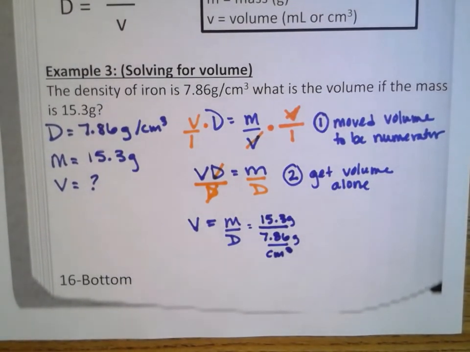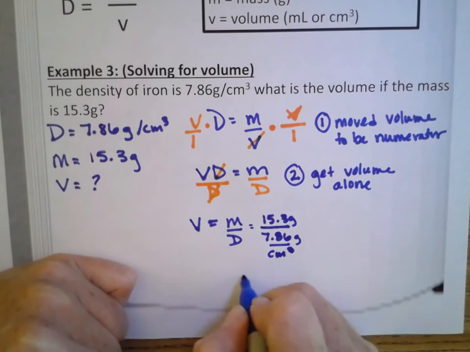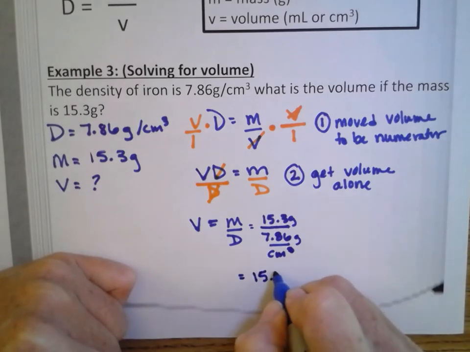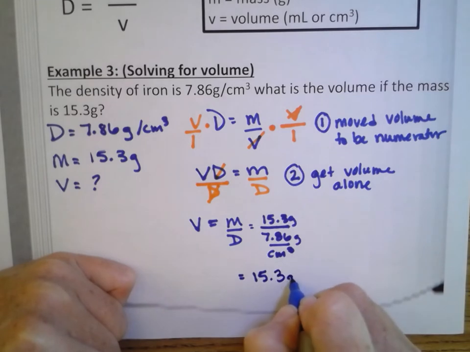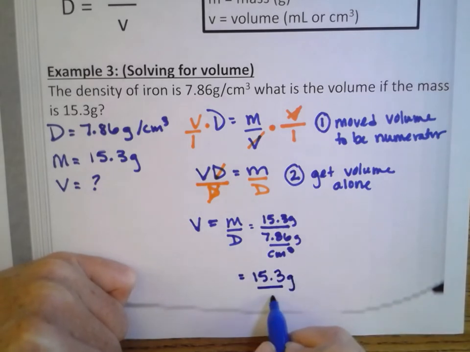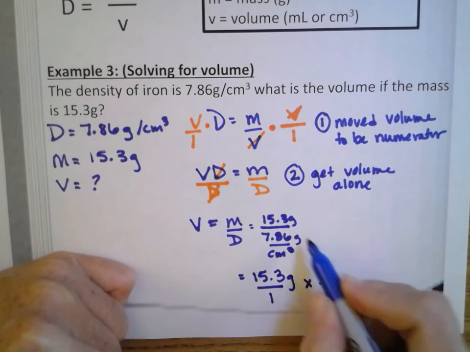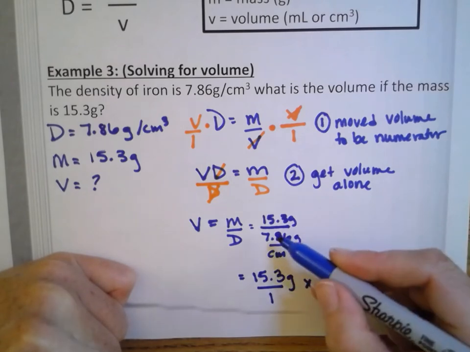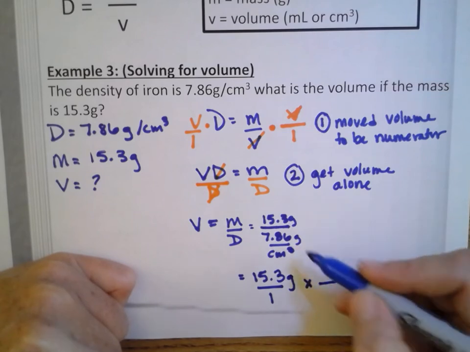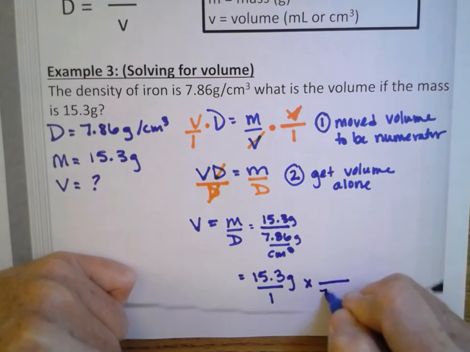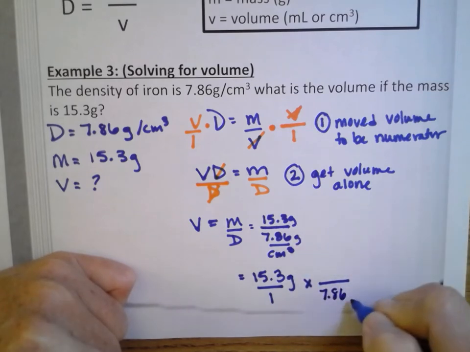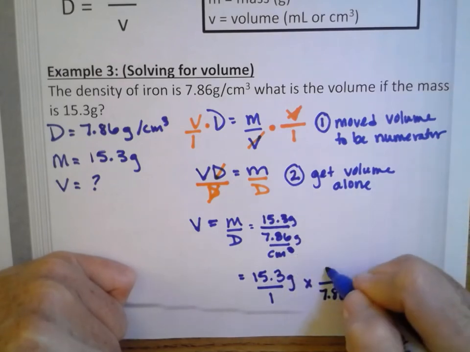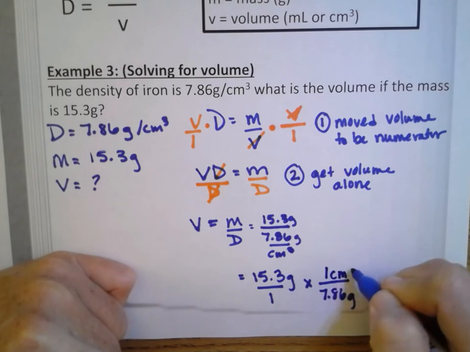If I divide a fraction by a fraction, I'm actually going to multiply the fraction by its reciprocal. So 15.3 grams is over 1 times this other fraction, which is the density. The 7.86 is the numerator of that fraction, so the reciprocal will put it on the bottom, along with the grams. And the 1 centimeter cubed is a denominator there, so it is the numerator.